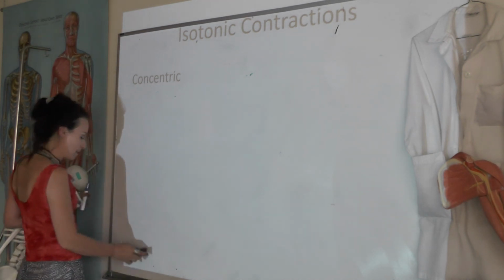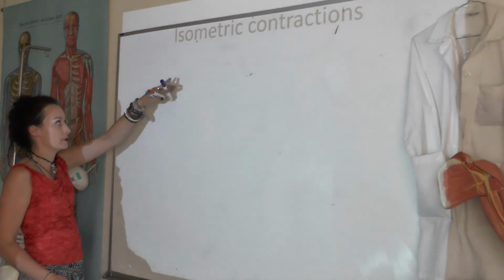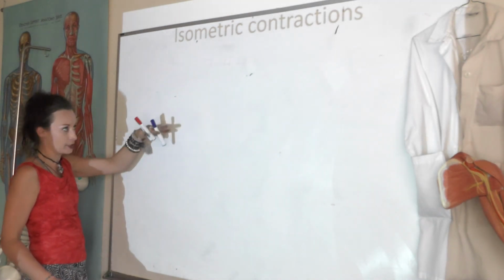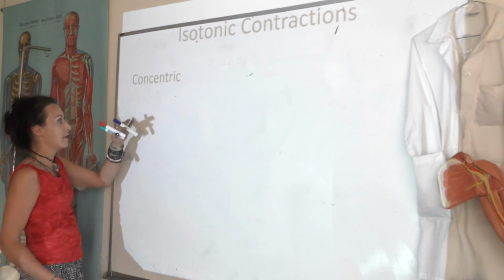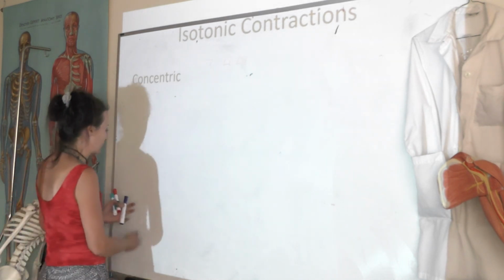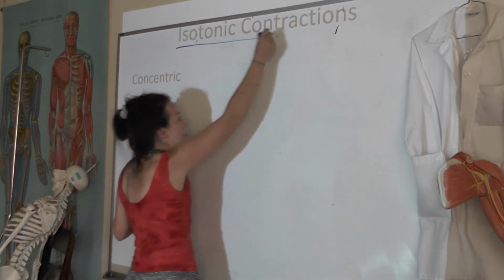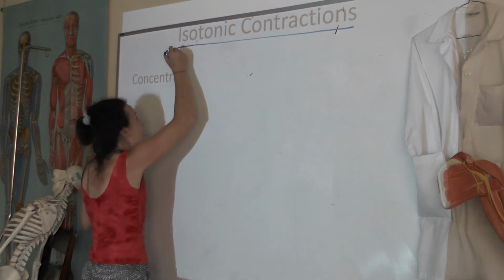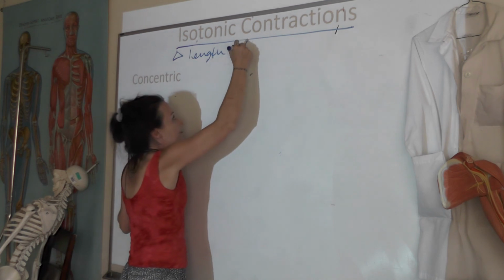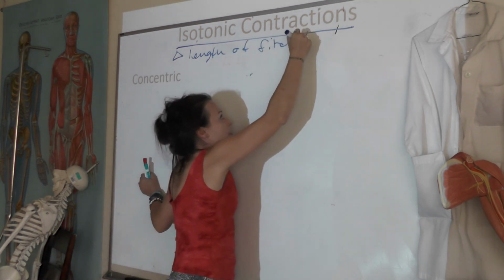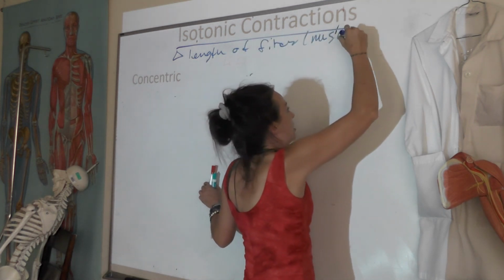In an isometric contraction, iso, same length, we're not changing the length. So in an isotonic contraction we are, and there are two types of isotonic contractions, but first let's say in an isotonic contraction, we change the length of the fiber or the muscle when generating tension.